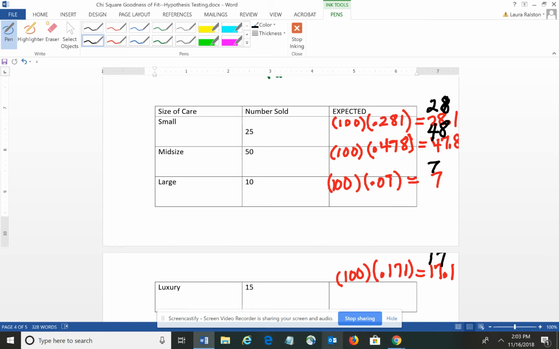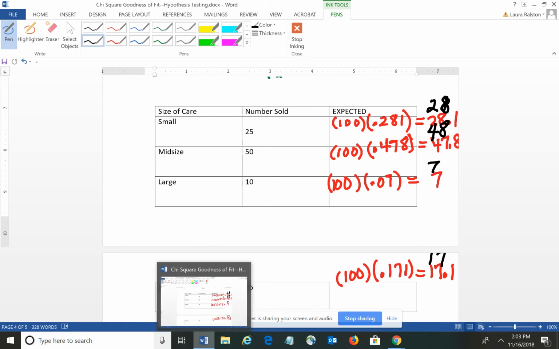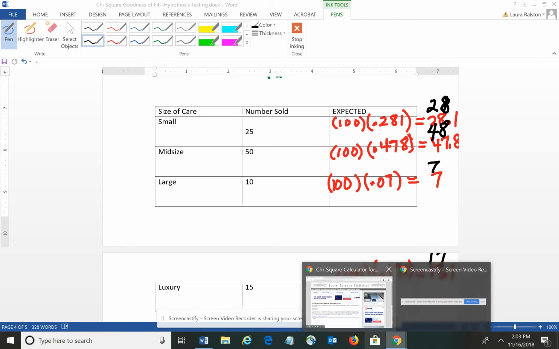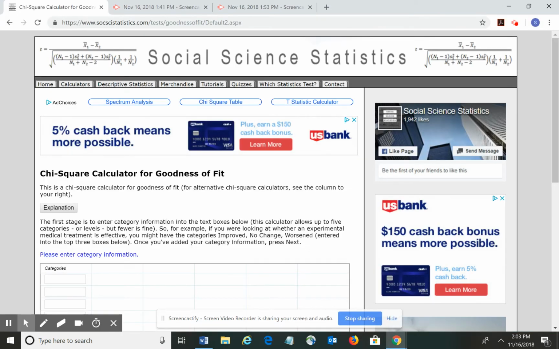Then you go back out to the website just like we did before, and we enter the data. So I'm going out to the web page. My categories were small cars, mid-size cars, large cars, and luxury cars.